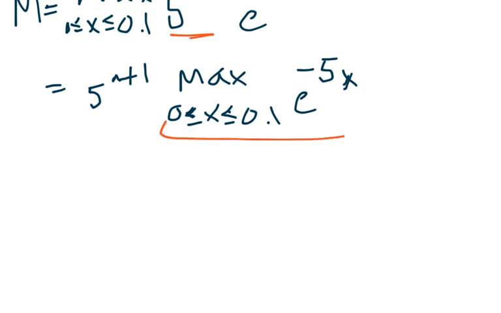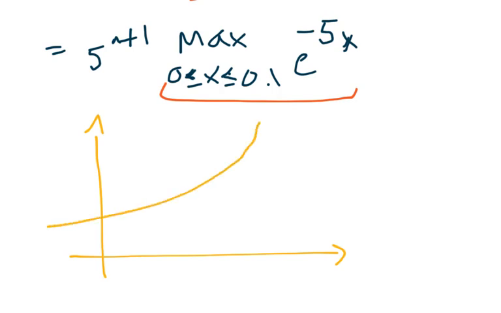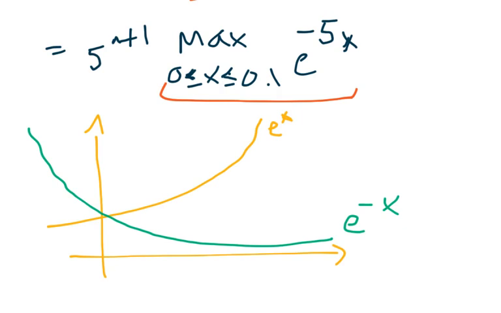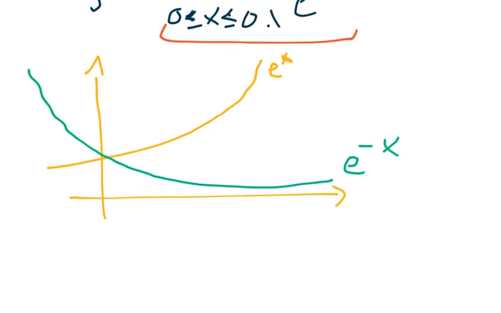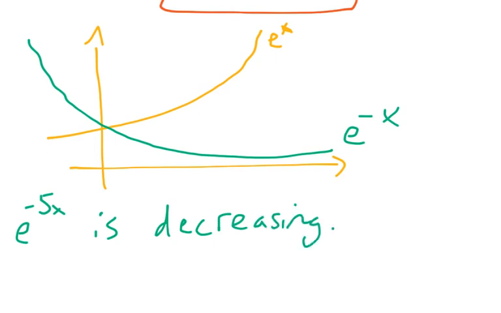Now we want to think about this. The maximum value of something like this exponential comes up a lot. Let's think about what the exponential looks like. A positive exponential does this. This is e to the x. A negative exponential goes the other way. This is e to the minus x. So e to the minus 5x is going to have the same shape. In particular, it's decreasing, always getting smaller.